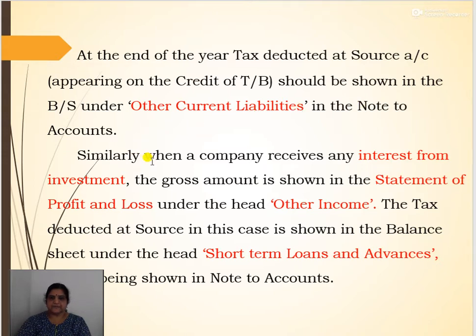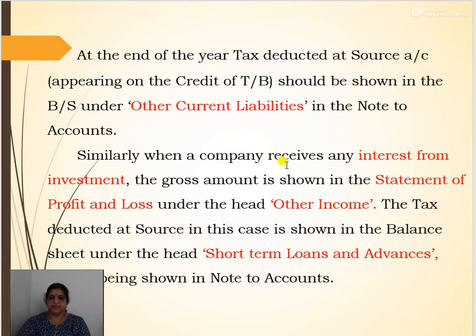Similarly, the other case is regarding the company receiving income. When a company receives any interest from investment, the gross amount is shown in the statement of profit and loss under the head other income.